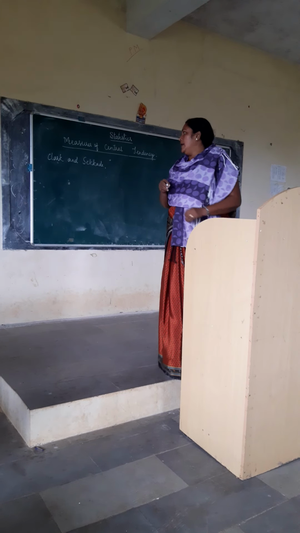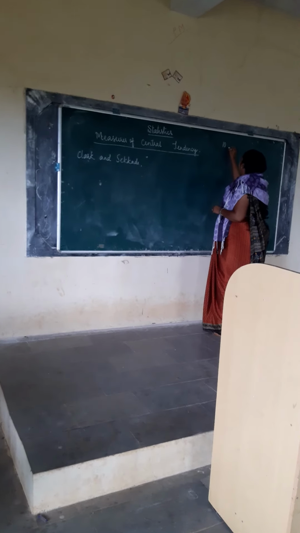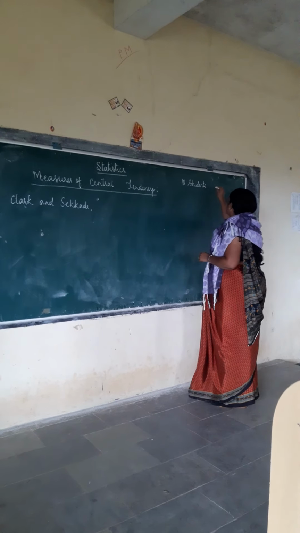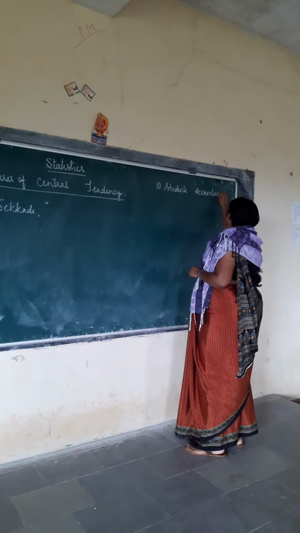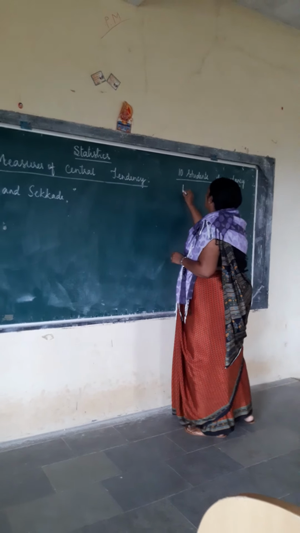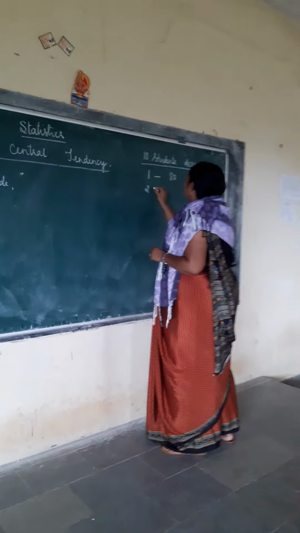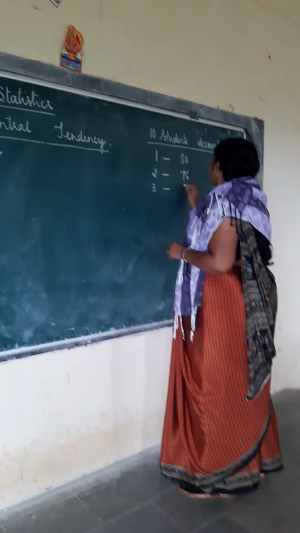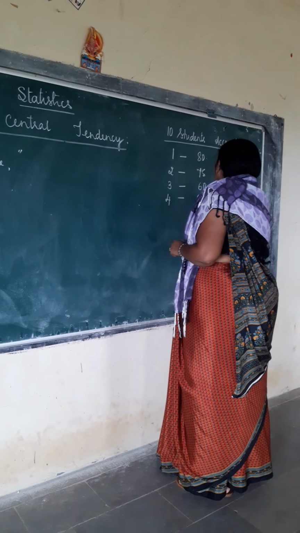For example, let us take the marks scored by 10 students in the subject accountancy. And the marks go like this. First student gets 80 out of 100. Second student gets 75. Third one scores 60. Fourth student gets 55.